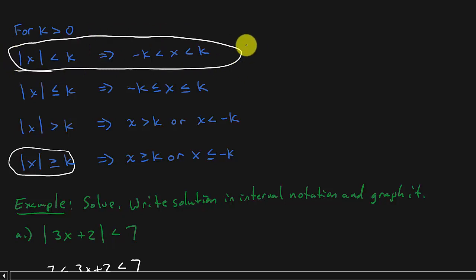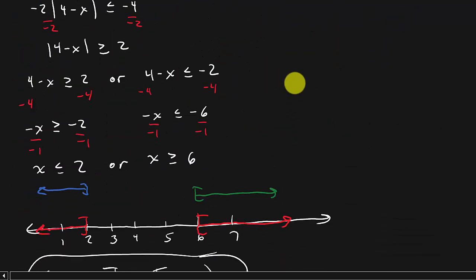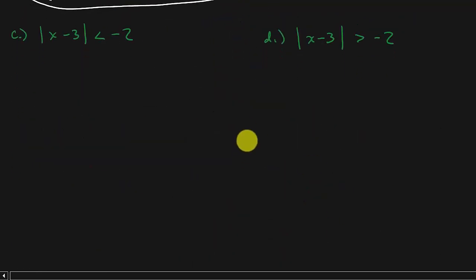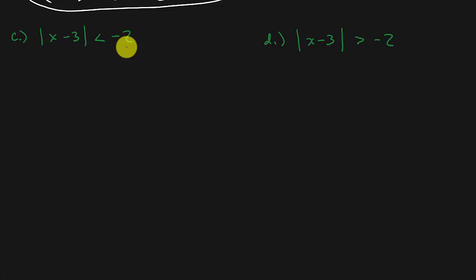Because these only apply when k is positive, okay? So you can see here k is negative, k is not positive. So those properties, those rules up there, they don't apply. So now we've got to actually think about it, okay?